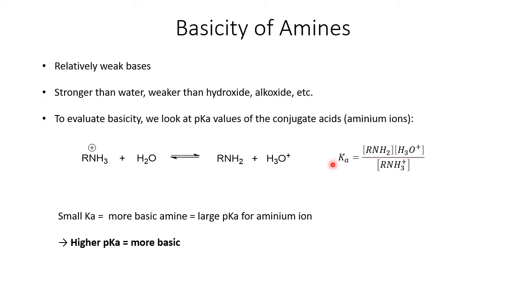Now the Ka expression for this reaction is this. We have the aminium ion in the denominator and then we have the amine in the numerator. Now in general, a small Ka represents a more basic amine, and this more basic amine means that the reaction lies to the left.